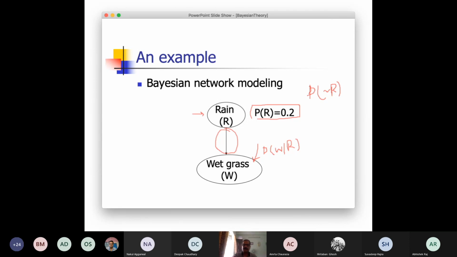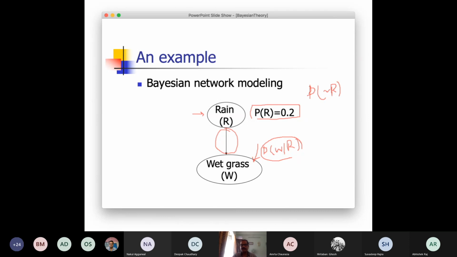Similarly, how many values are required? Other values could be inferred from them. See, if you know the probability of wet grass given rain, you also know the probability of not wet grass given rain, right?